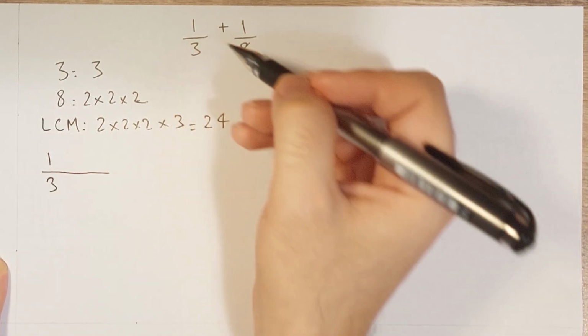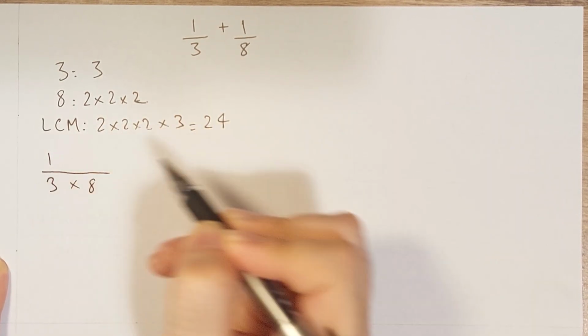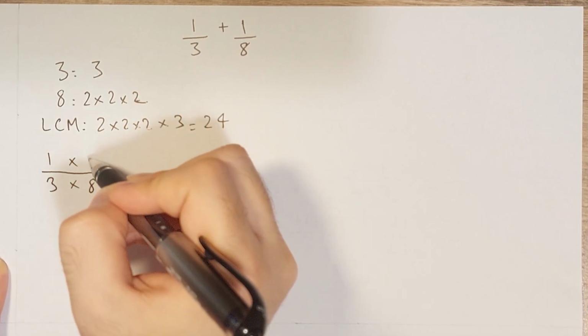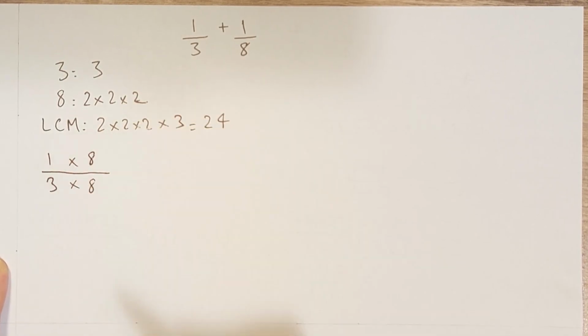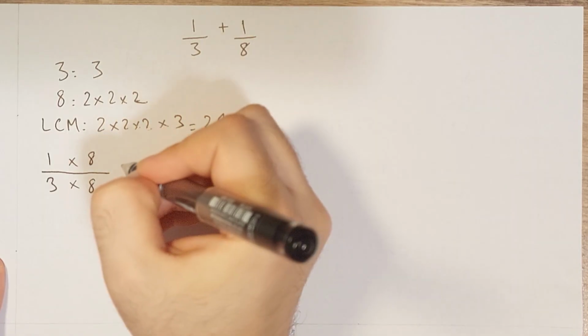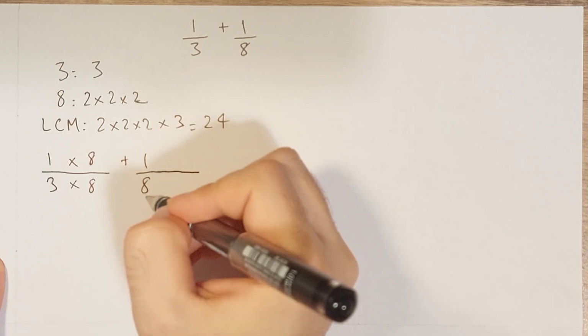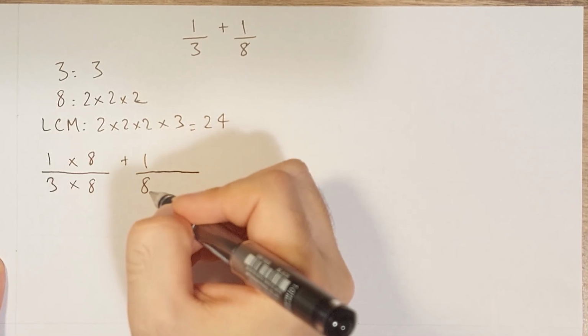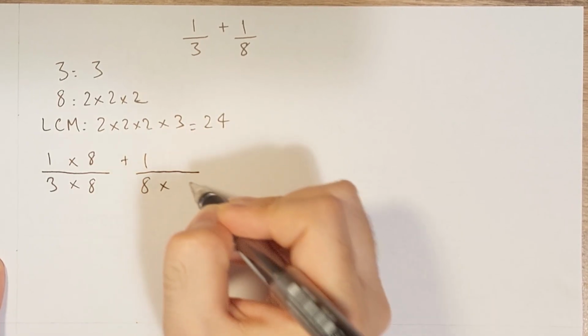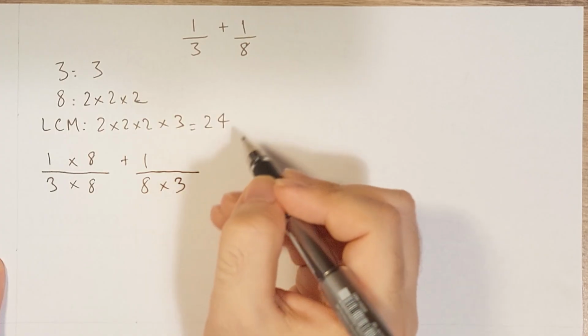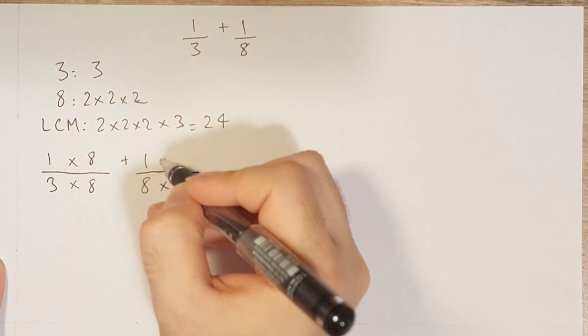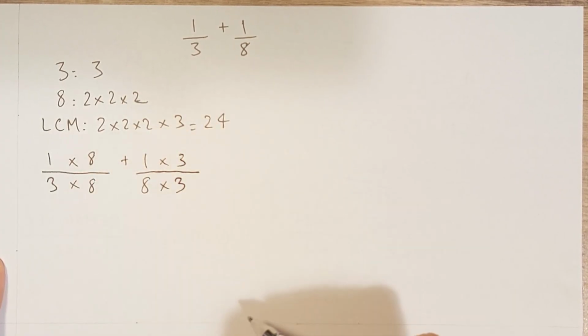We convert 3 to 24 by multiplying it by 8, and we multiply its numerator 1 with the same number 8 so that this fraction remains equal. Then we take 1 by 8, and we need to convert 8 here to 24 as well. So we need to multiply 8 by 3, which will give us the LCM 24, and we do the same to the numerator, so the fraction remains equal.